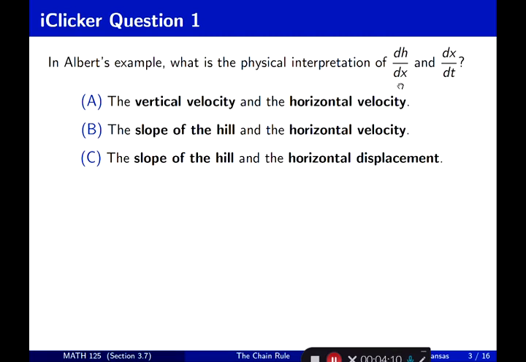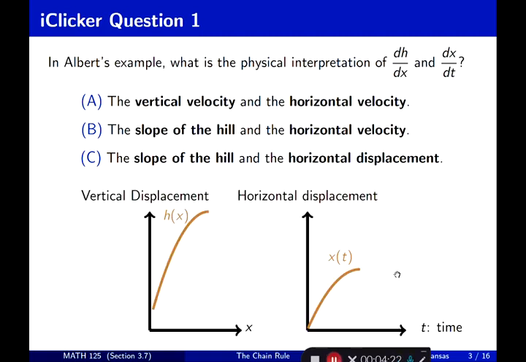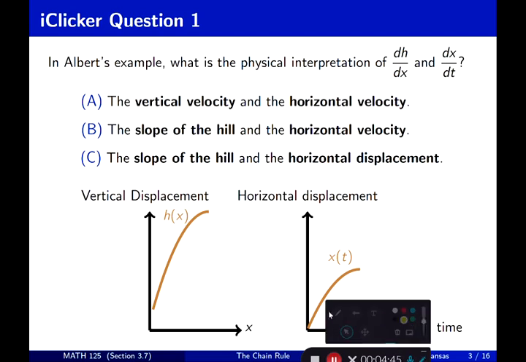So again, the derivative of the vertical distance with respect to horizontal distance is just the slope of the hill. The derivative of the horizontal distance with respect to time is going to be the horizontal velocity. So B is the answer.